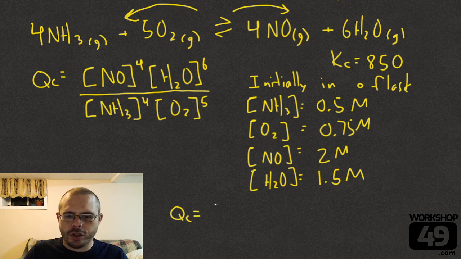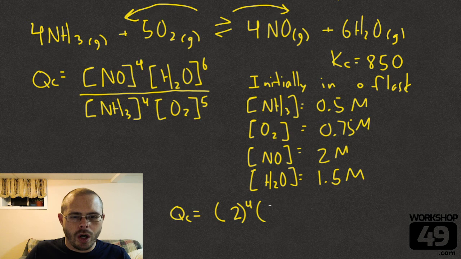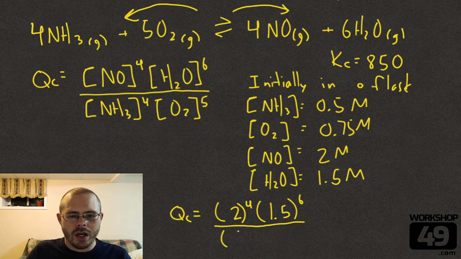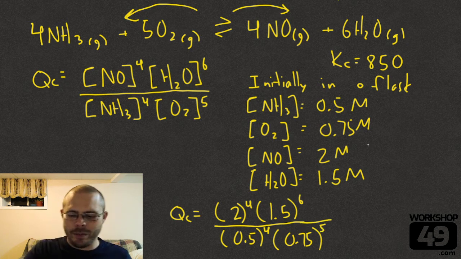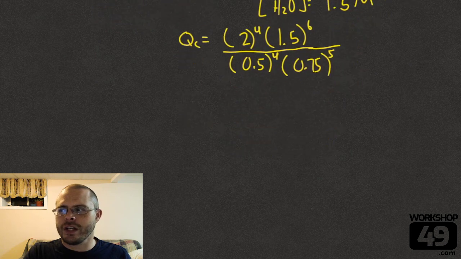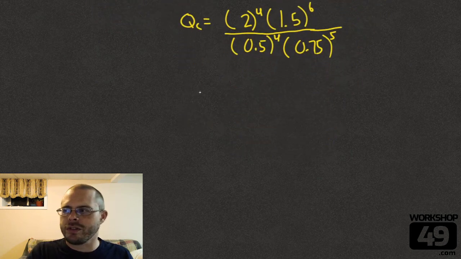In our Qc expression, we just fill in each of our concentrations. We get 2 to the power of 4, and our water was 1.5, so that goes to the power of 6, over ammonia, 0.5 to the power of 4, and oxygen, 0.75 to the power of 5. We're almost done.